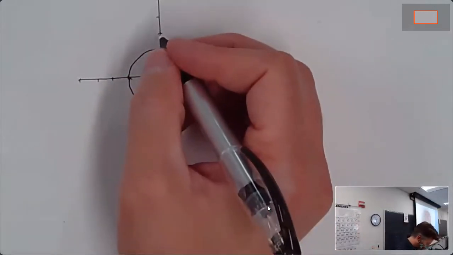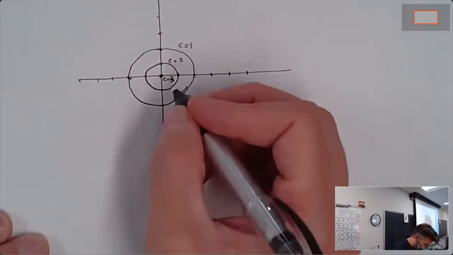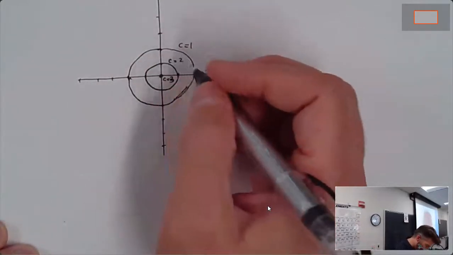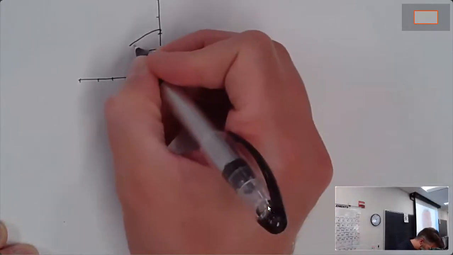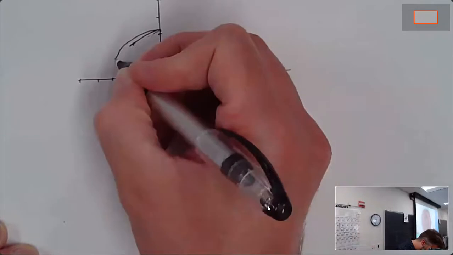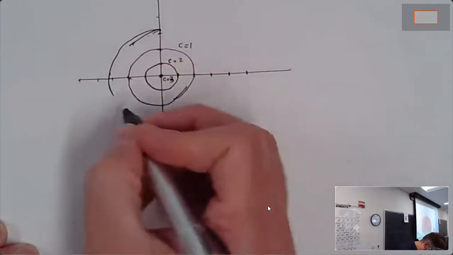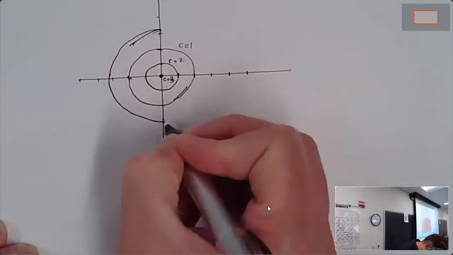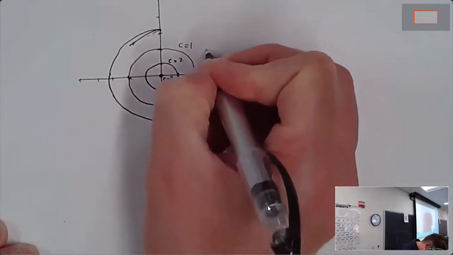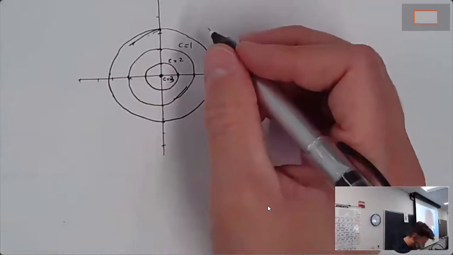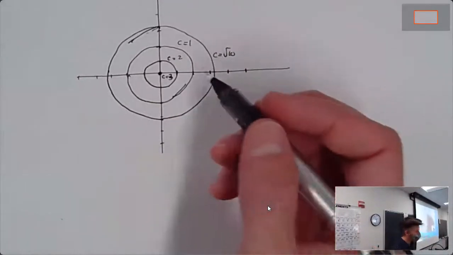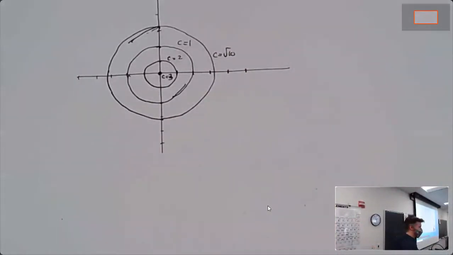So we can draw another one. If C equals 1/2, we get the square root of 10, which is actually a little bit bigger than 3. I'm not trying to be perfect here. Well, that's an okay circle, I guess. And then I actually keep writing down the radius instead of the level curve value.